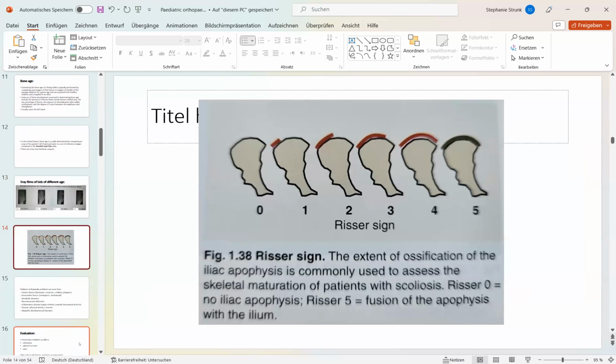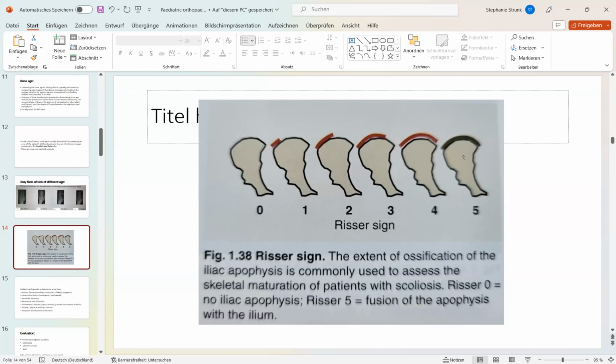Another sign for estimating the bone age is the so-called Risser sign. You take an X-ray of the pelvis, and depending on the ossification of the rim of the iliac apophysis, we can see Risser 0, 1, 2, 3, 4, 5. Here all is there, the apophysis is there, and for Risser 5 it's fully fused.